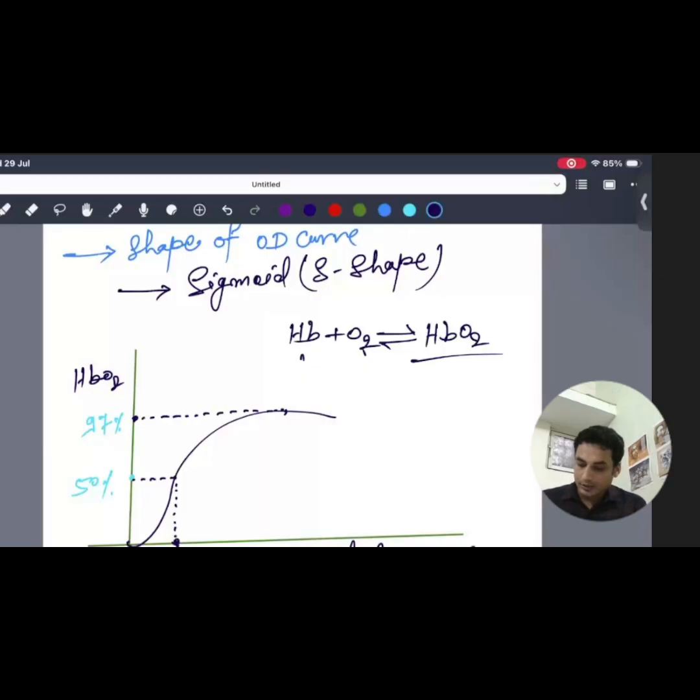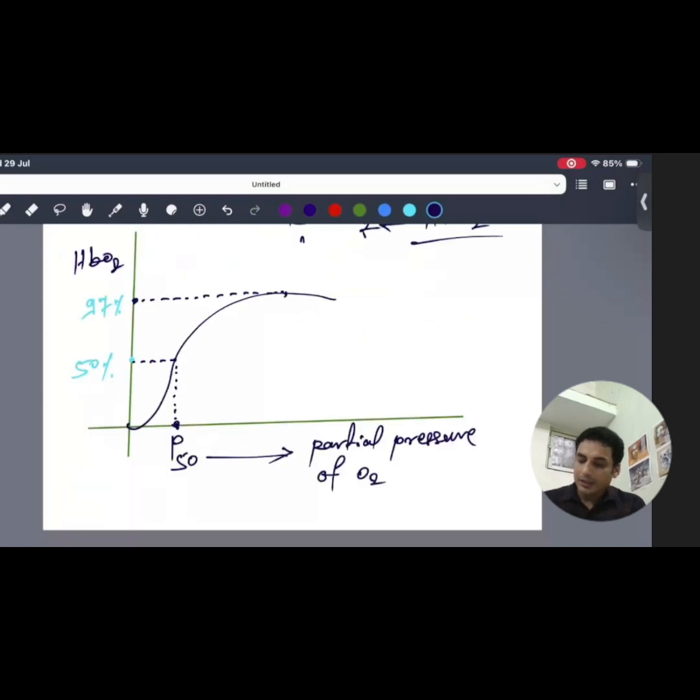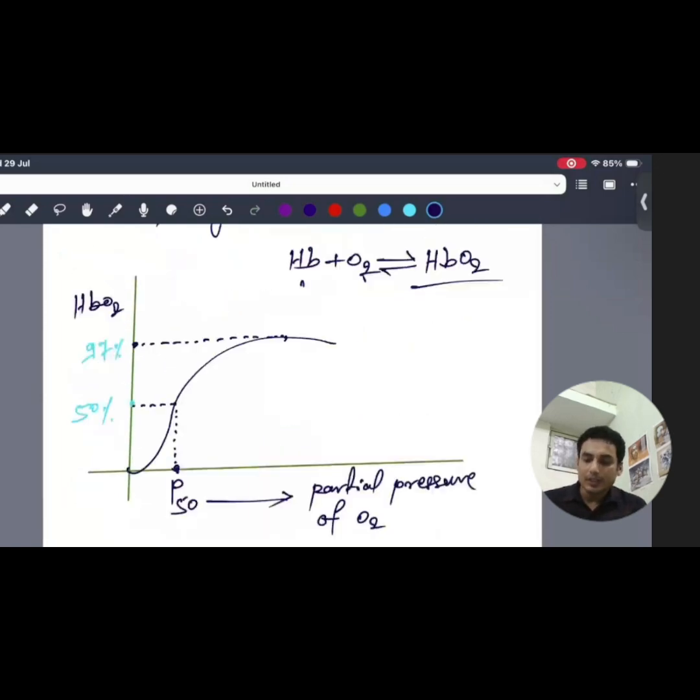Now, there are many factors that affect the formation of oxyhemoglobin, the binding of oxygen with the hemoglobin. Further I will discuss the factors. I have already discussed the oxyhemoglobin dissociation curve.